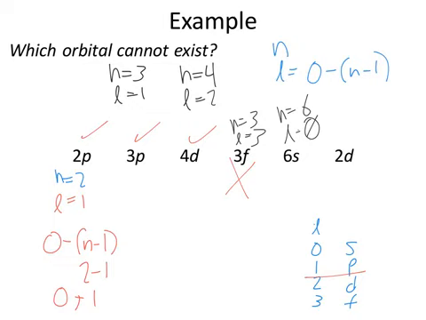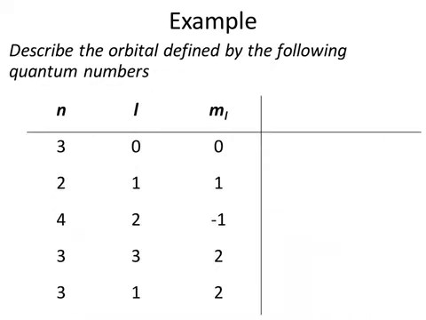And so in this case, s, 0, that's all good. So this one works. 2d, if we look at n is equal to 2 because that's our energy level, L in this case, because it's d, represents 2. So once again, this is not going to work because L has to be maximum n minus 1, so the maximum value could be 1, this is going to be 2, so this does not exist.